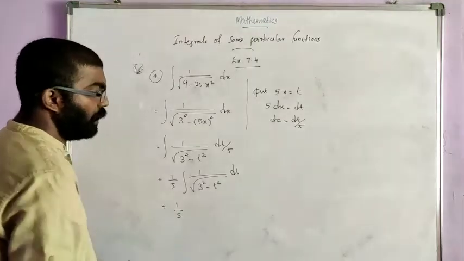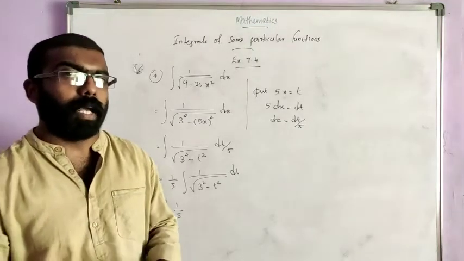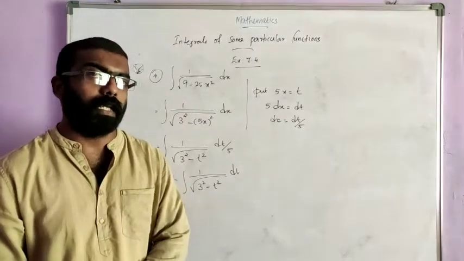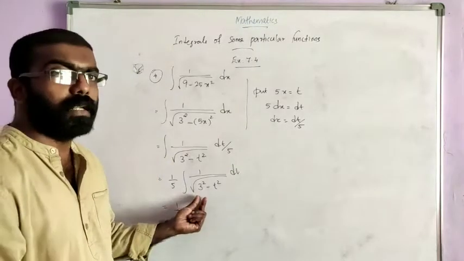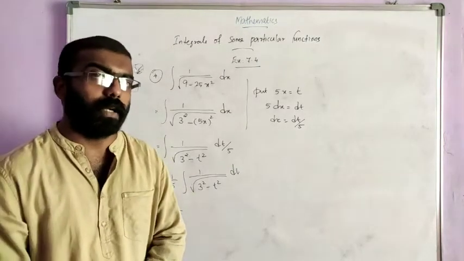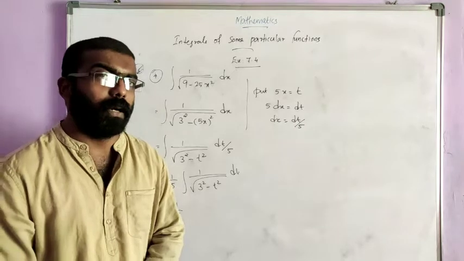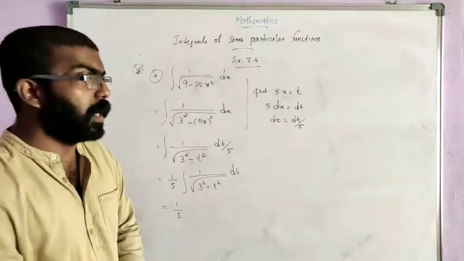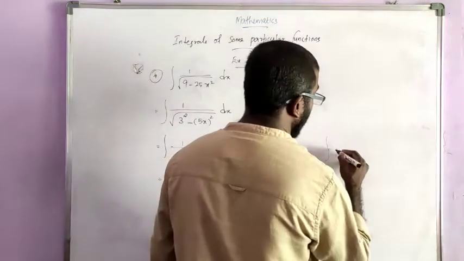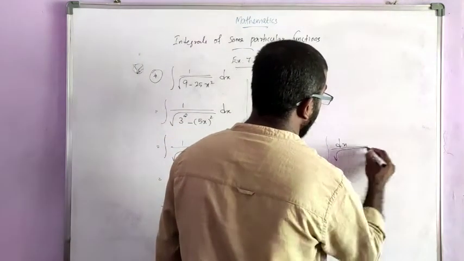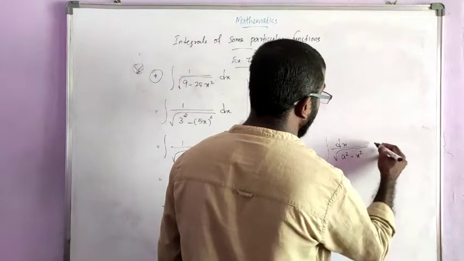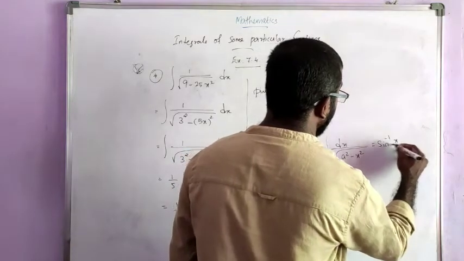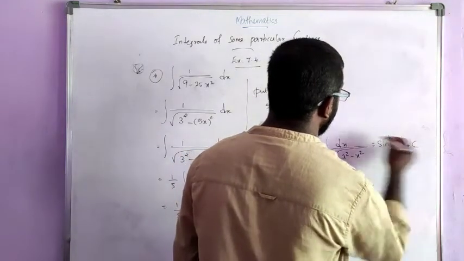That is 1 by 5 into integral 1 by root of a square minus x square, where a is a constant. What is integral 1 by root of a square minus x square dx? It is sin inverse x by a. Integral dx by root of a square minus x square is equal to sin inverse x by a plus c.